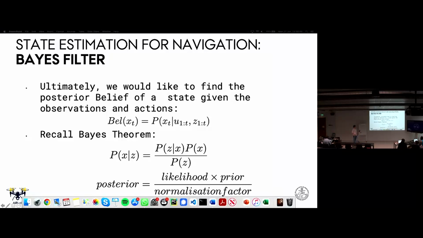The posterior probability of a variable given another variable is dependent on the likelihood and the prior probability, in our case the prior probability of a state, and an evidence factor or normalization factor, in Bayes filter nomenclature, which normalizes the probability.